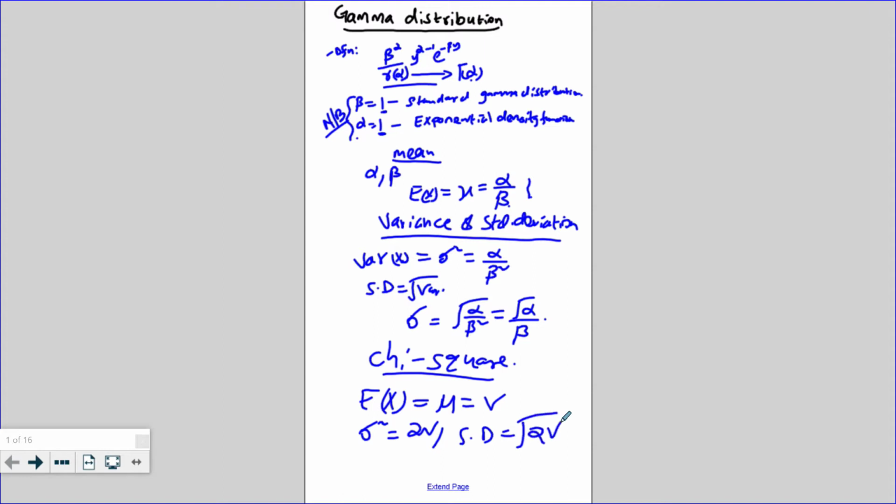And that is our simple summary of gamma distribution.